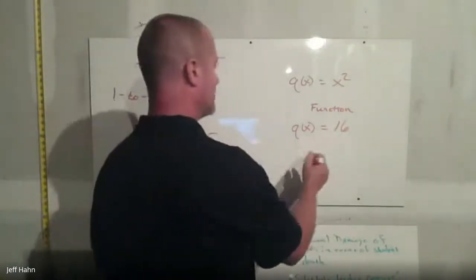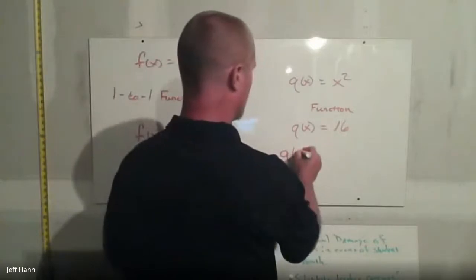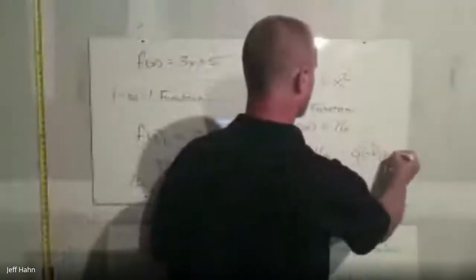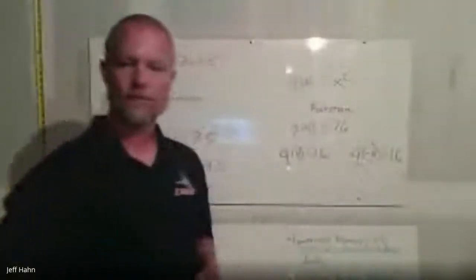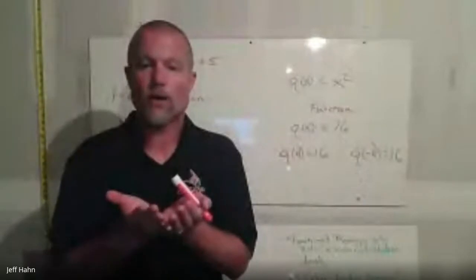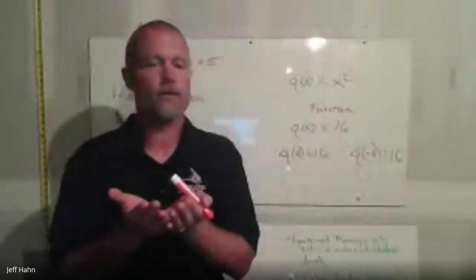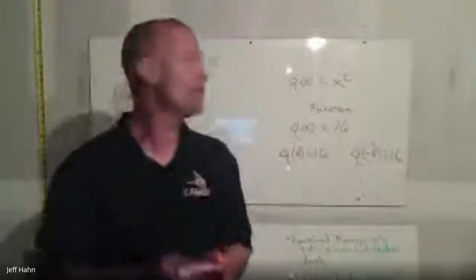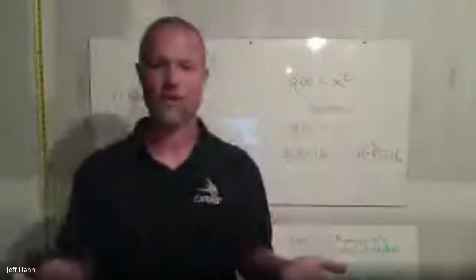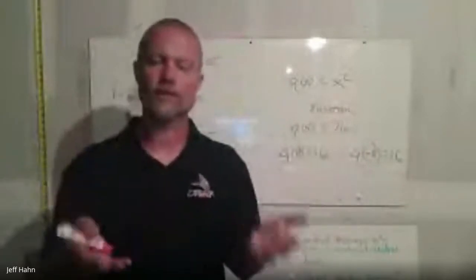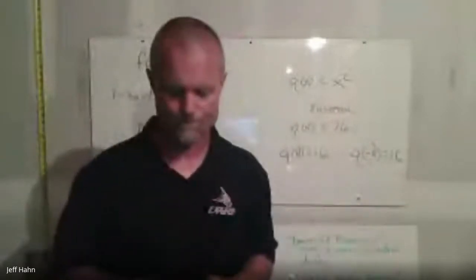So we know that q of 4 is equal to 16, but also q of -4 is equal to 16. If somebody was standing there with the output of 16, do I know what input they put in? No, they either put in a 4 or a -4. We can't single in on one input. So this is just a function. It's not one-to-one, because there are a couple of different inputs that could have given us that output.